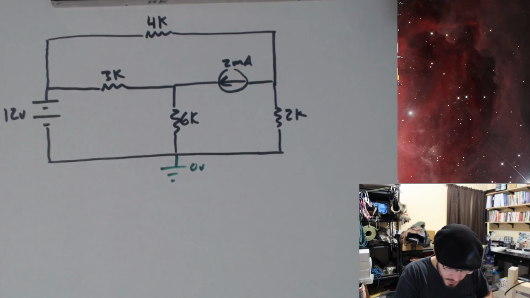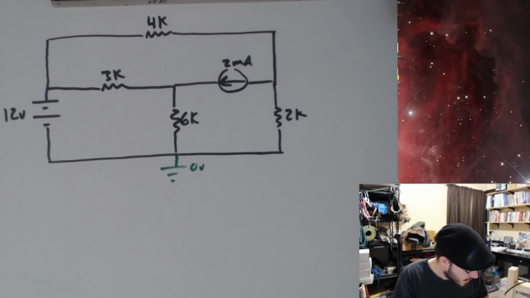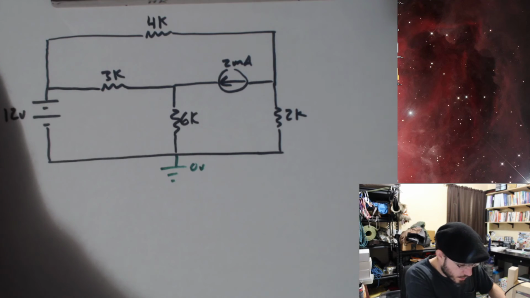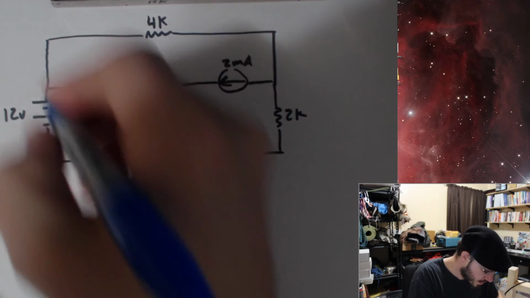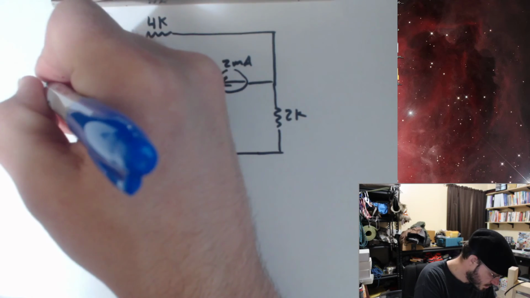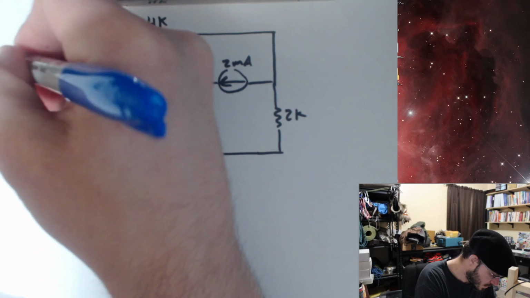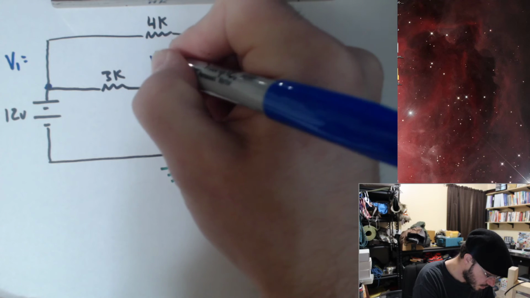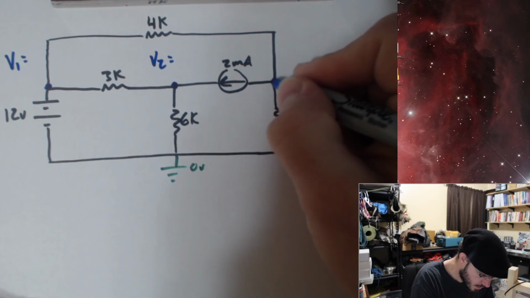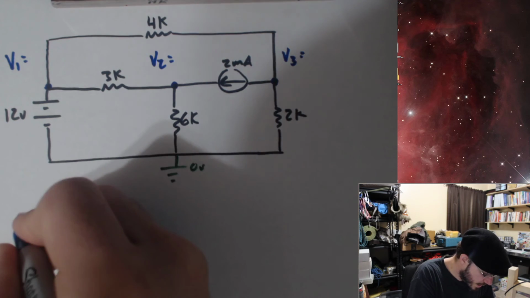Okay, once you solve those three equations, which are really just two equations, we are left with a V1, a V2, and a V3.